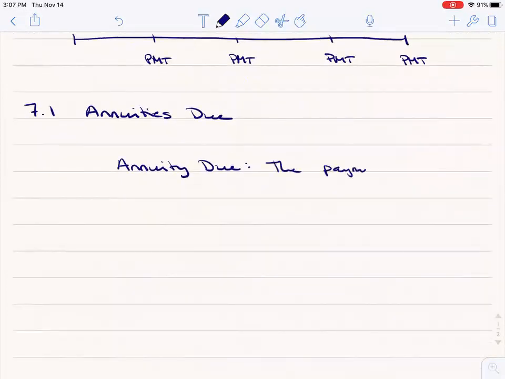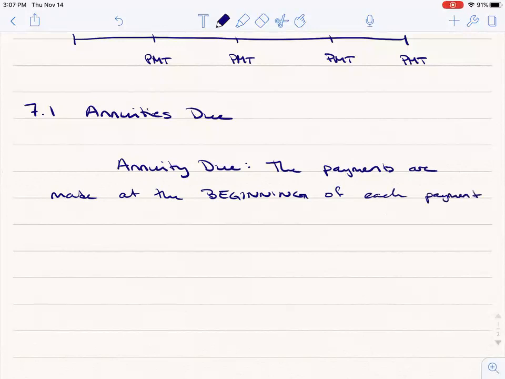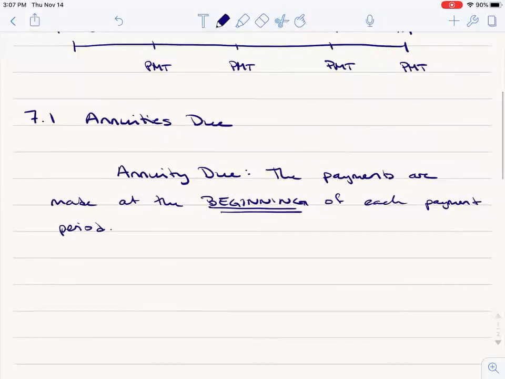The payments are made at the beginning of each payment period. So at the beginning.